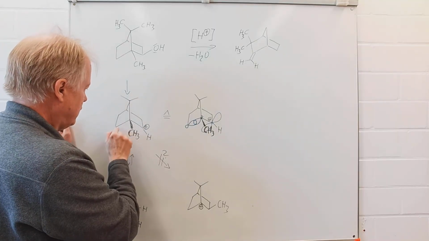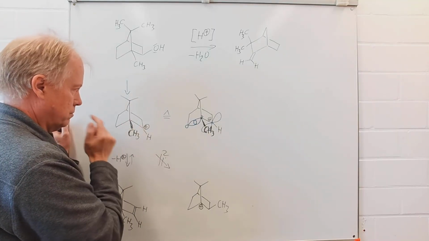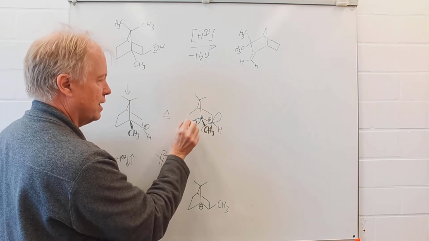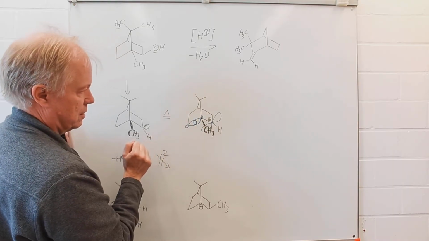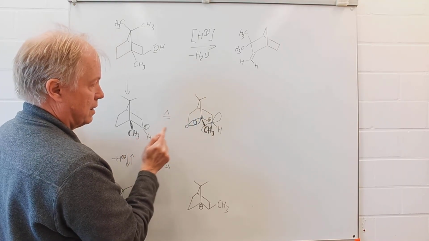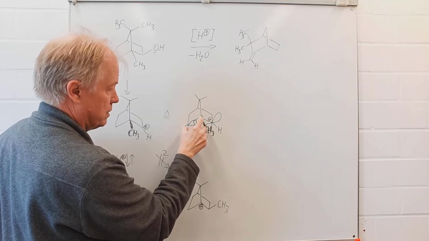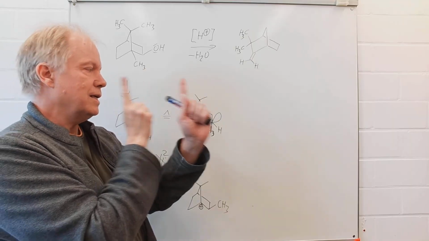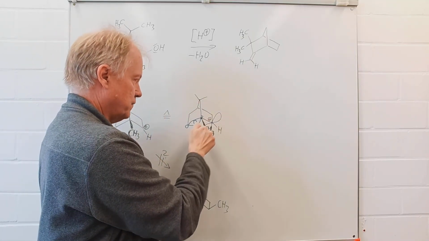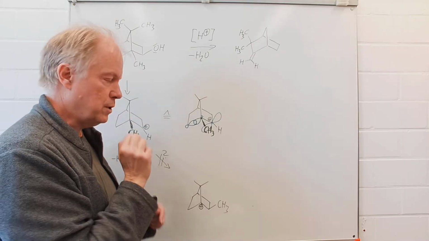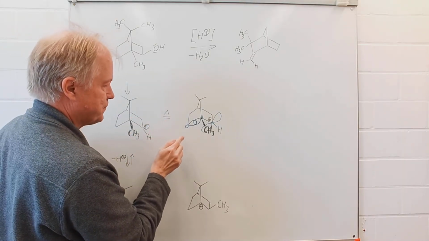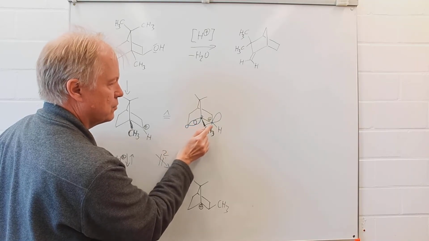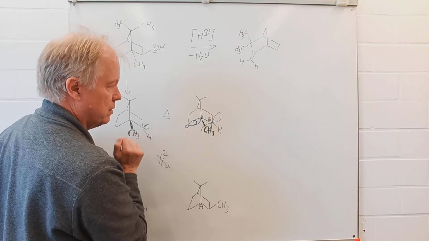But here for this CC bond, we formally have the overlap of two sp3 hybrid orbitals, and those are in line with that empty p orbital. Therefore, electron density of this can interact also with the p orbital.